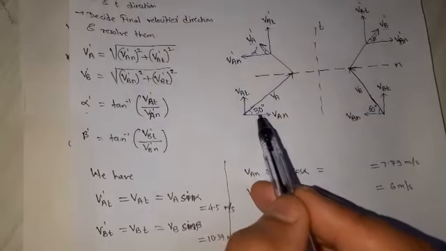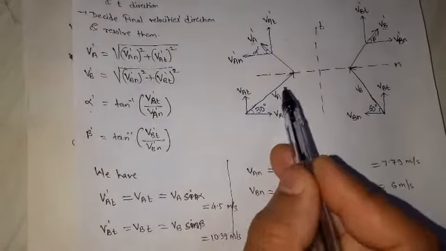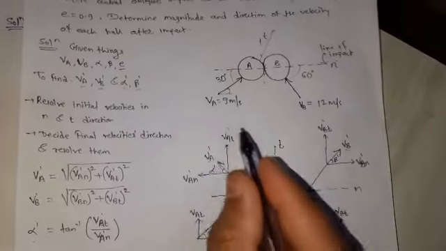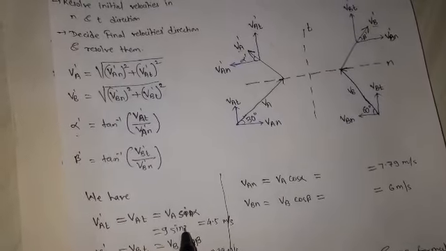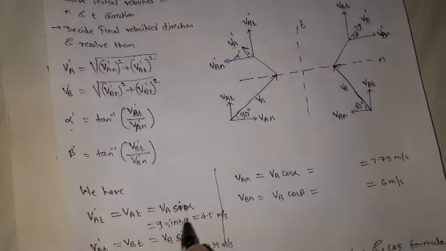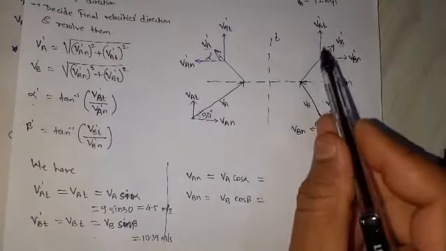So VAt is what? VA sine of 30. VA is given, which is 9 meters per second. So 9 sine of 30 gives me 4.5 meters per second. Similarly, VBt is equal to VBt dash.